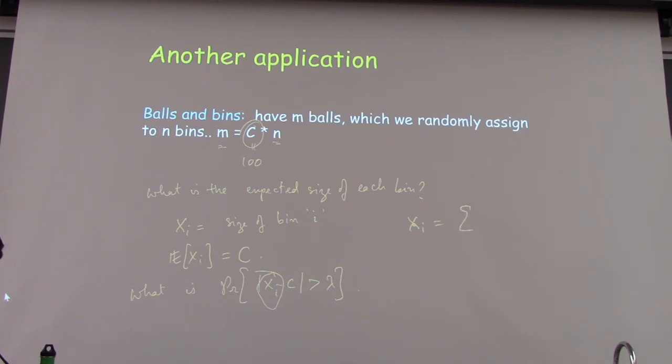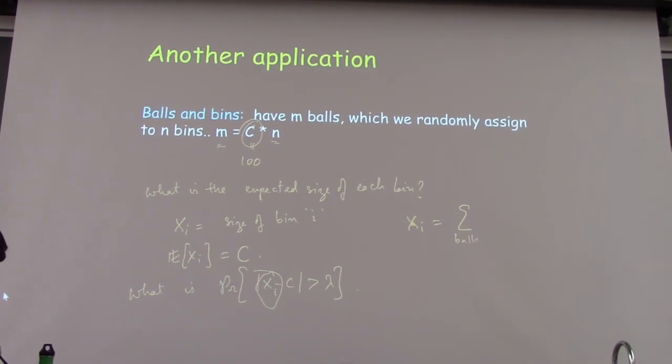as the sum over all the balls of the indicator of whether the ball fell into bin i. So it's the sum over balls j. You can define a random variable which I'll call yji.